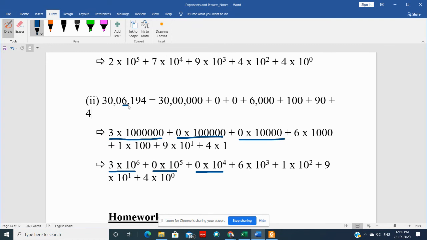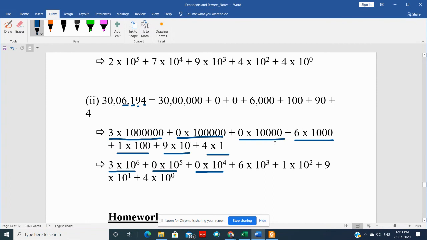This is at thousands place, so you'll just multiply 6 into 1000. This 1 is at hundreds place, so you will just write 1 into 100. 9 is at tens place, and 4 is ones, so you will just write 4 into 1. Alright? See, here you don't have to mention the power because you are just mentioning numbers. So here you will mention power.